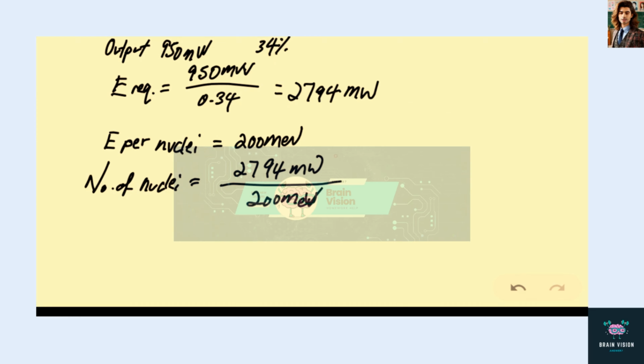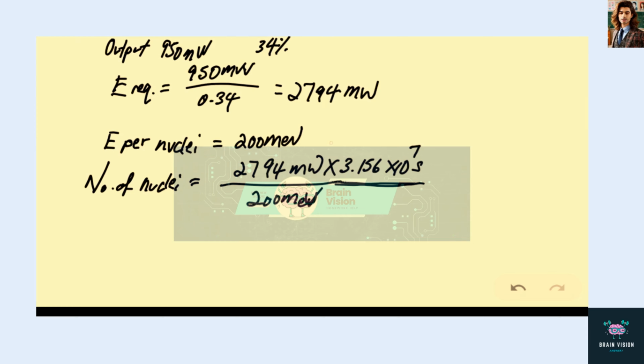But the time scale that we're looking at is 1 year, right? So we have to multiply this by the number of seconds in a year, which is equal to 3.156 times 10 to the power of 7 seconds. So this will give us the number of nuclei that is required to power the nuclear power plant for a year.